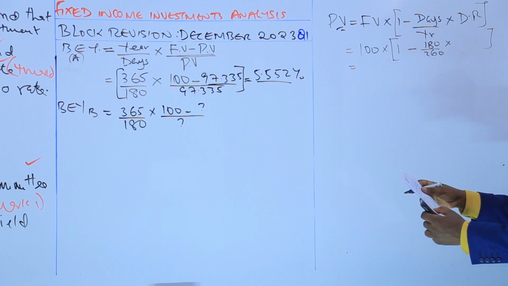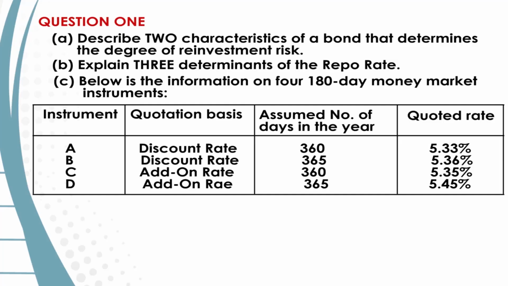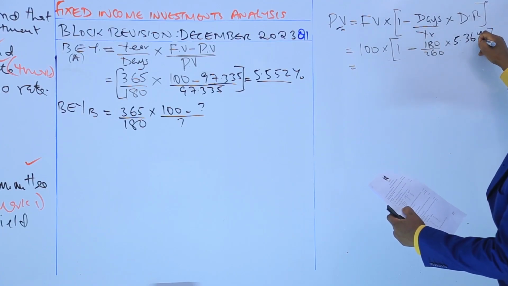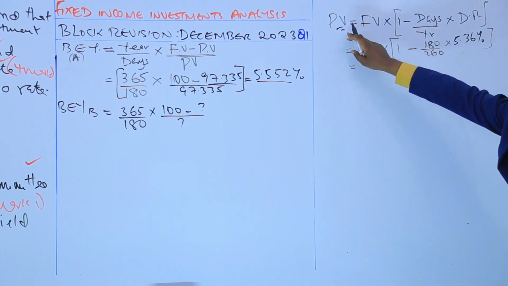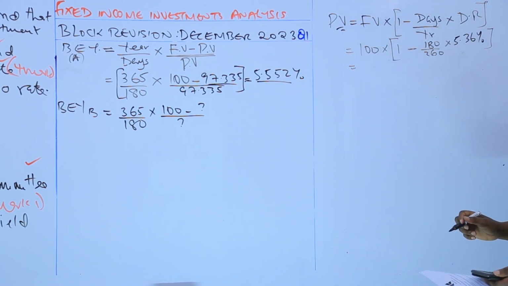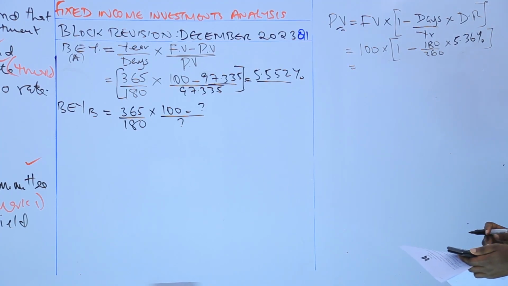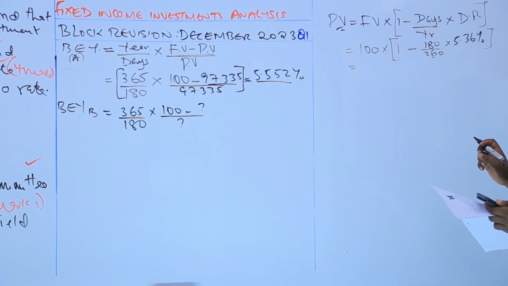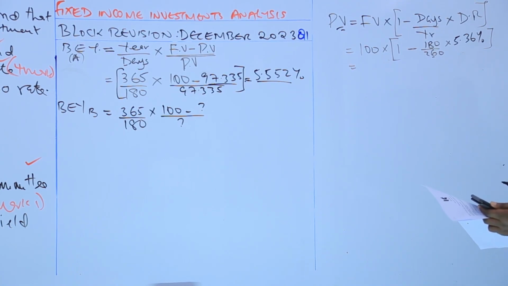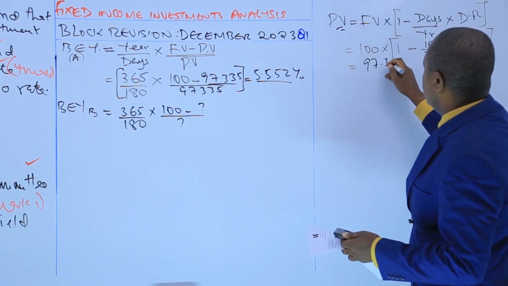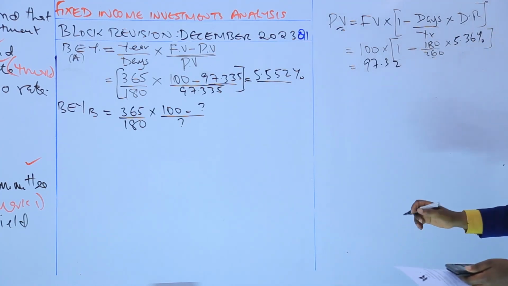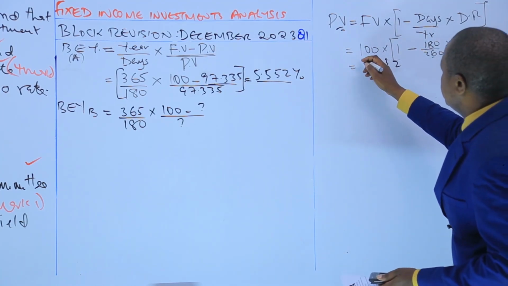The quoted rate for instrument B is 5.36%. That is going to give us the present value of instrument B, 97.32 shillings.